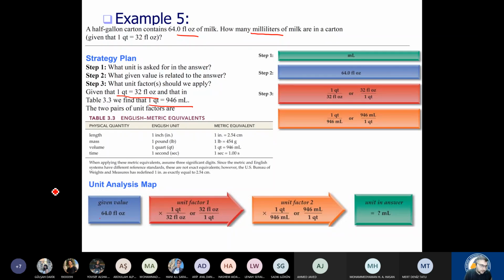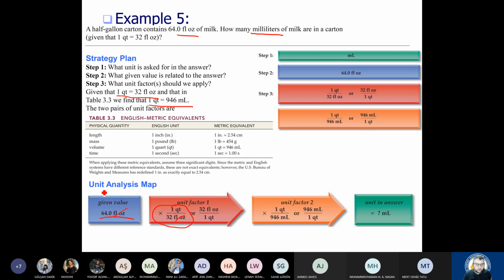So they give you 64 fluid oz. So you want to cancel the fluid oz to convert it to the what? Quarts first. So 1 quart over 32 fluid oz. Fluid oz cancel each other and you find it in quart.